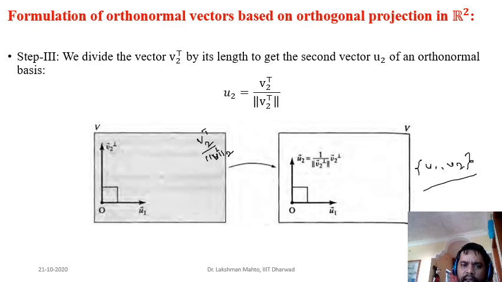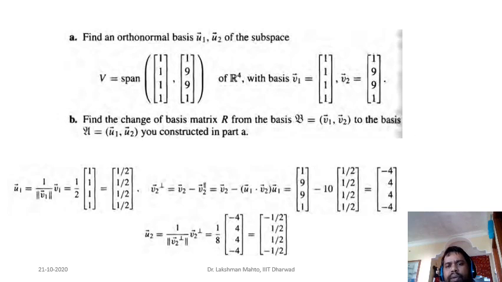I will take you through an example here, the same example. Here you have a vector space V, which is spanned by two basis elements v1 and v2, and clearly you can observe that v1 and v2 are not perpendicular to each other.